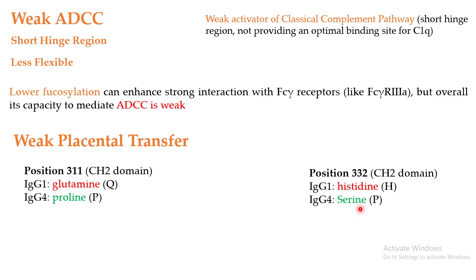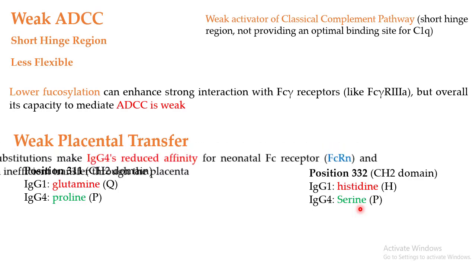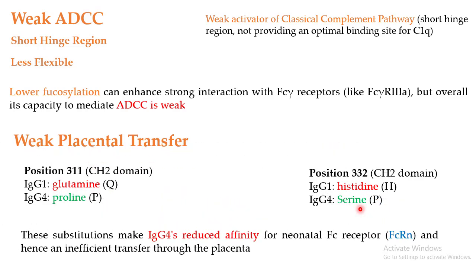So you are going to see some substitutions between the immunoglobulin G1 and the immunoglobulin G4. And these substitutions are actually giving the immunoglobulin G4 a reduced affinity for the neonatal Fc receptors. And in my last video, I've told you that the interaction of an immunoglobulin with the neonatal Fc receptor is what makes its transfer through the placenta from the mother into the fetus.